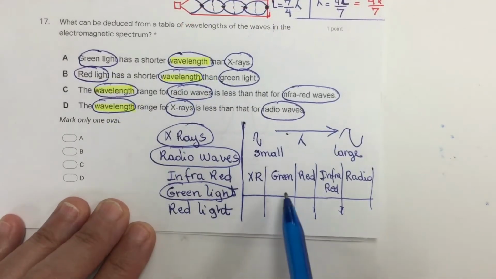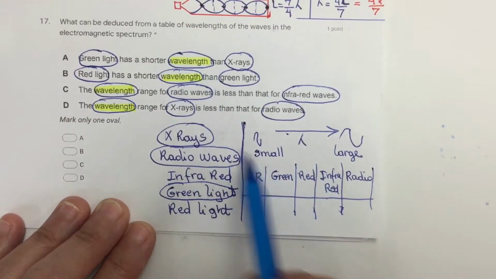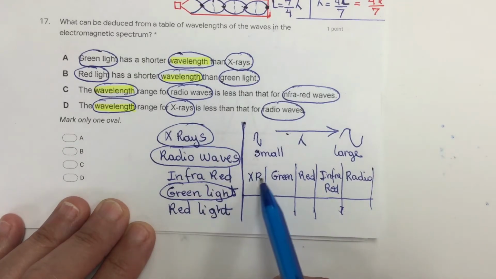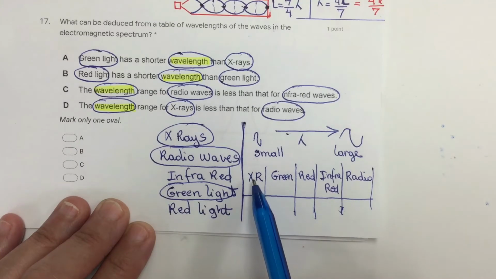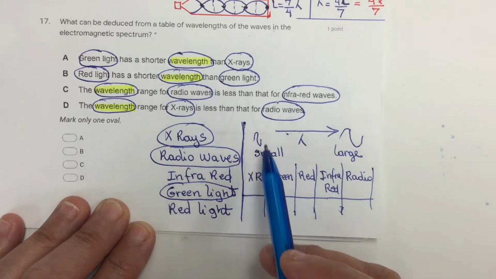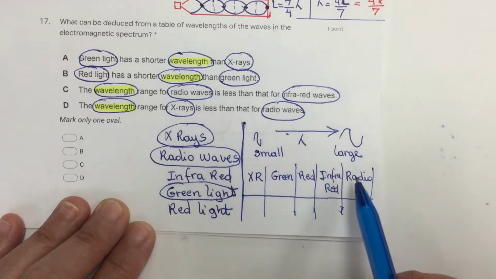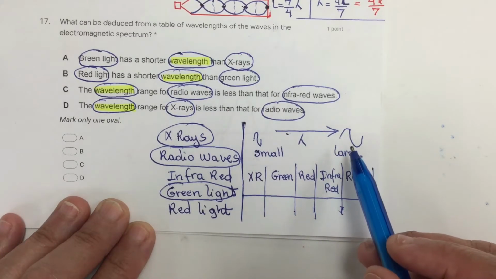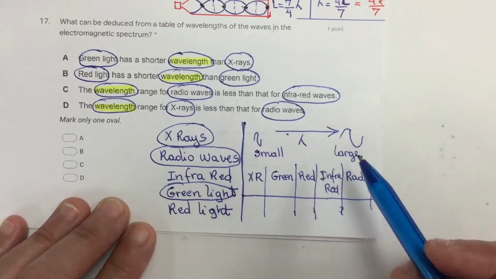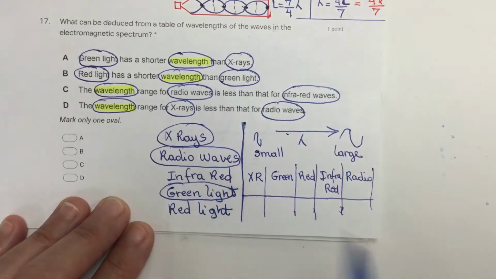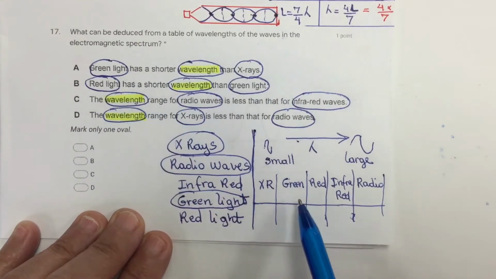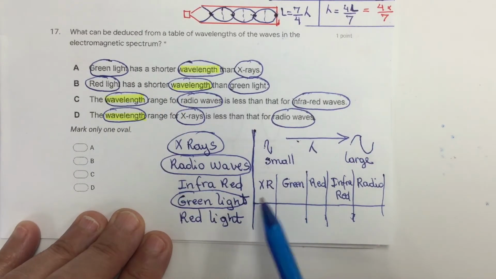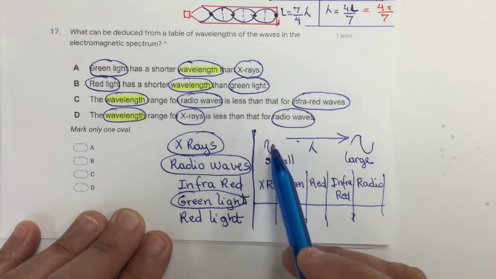So now we have organized the wavelengths from our selection, from the X-ray to the radio waves, with X-rays having the smallest wavelength and radio waves having the longest wavelength. Now let's go back to our problem, read and find the correct answer. A, green light has a shorter wavelength than X-ray. Definitely not. The X-ray is the smallest one.